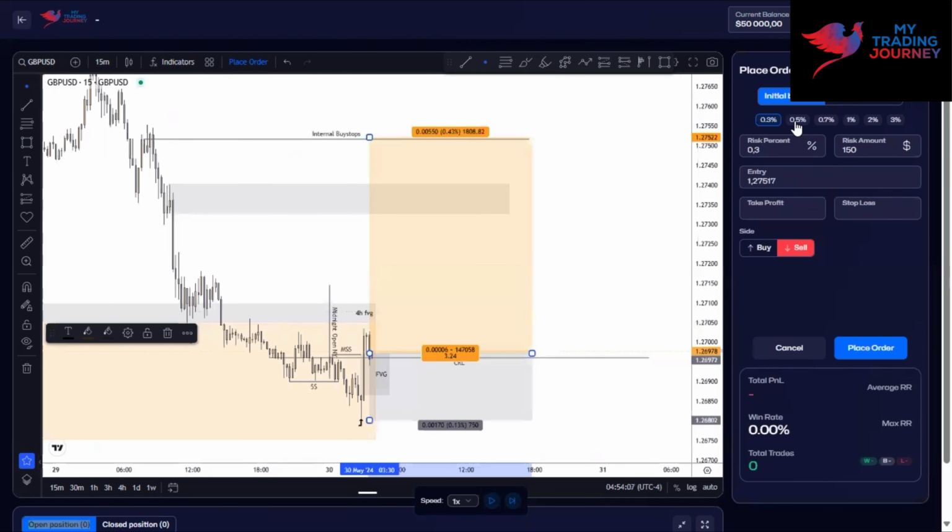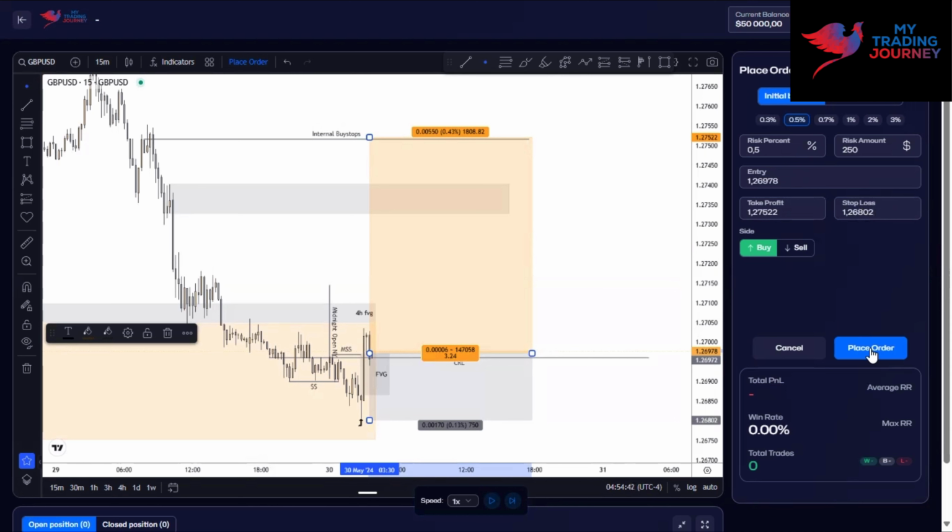Okay, going to place my order at 1.26978. Take profit is 1.27522. Then my stop loss will be 1.26268. Okay, and then I place my order right here.